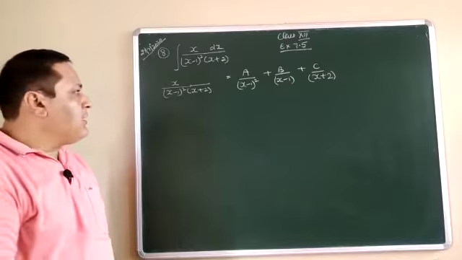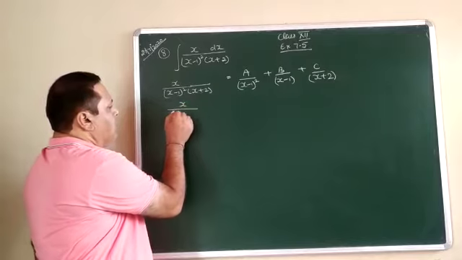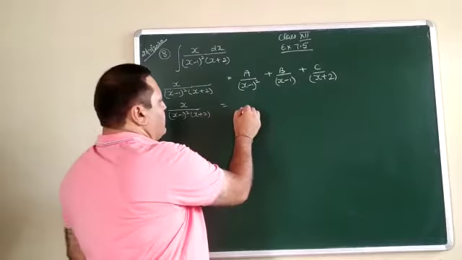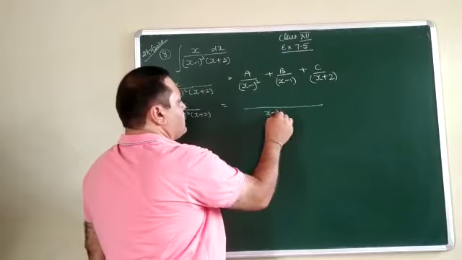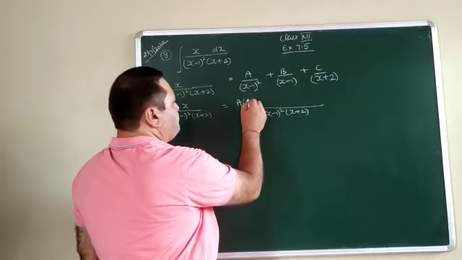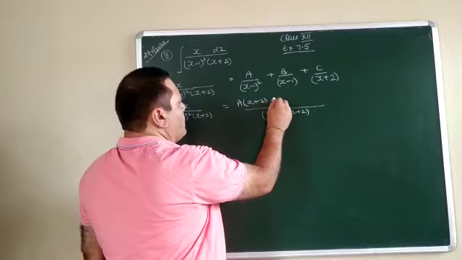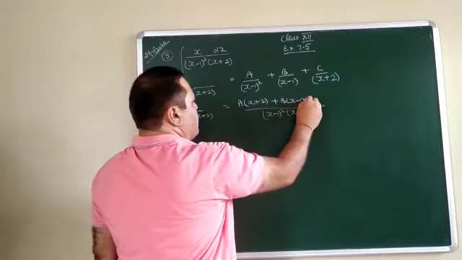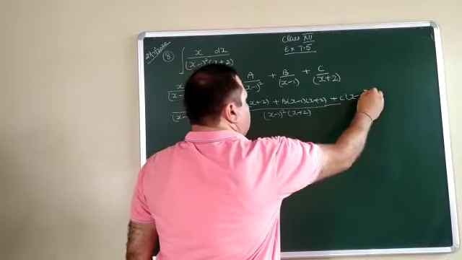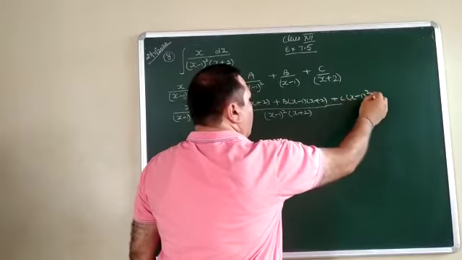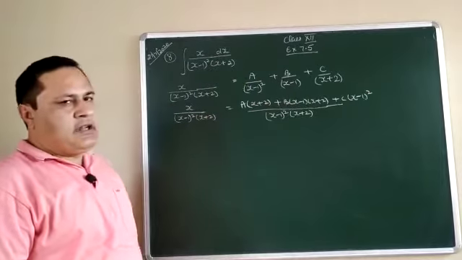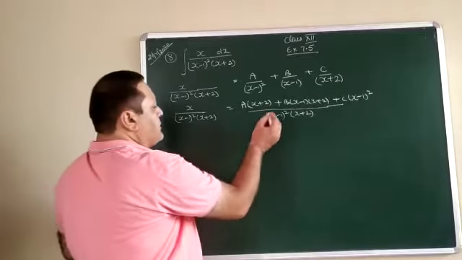But before that, we take the LCM. x upon (x minus 1) square into (x plus 2) is equal to a into (x plus 2), plus b into (x minus 1) into (x plus 2), plus c into (x minus 1) whole square, over the LCM. After getting the values of a, b and c, we will find the integration. But before that, we find the values of a, b, c.